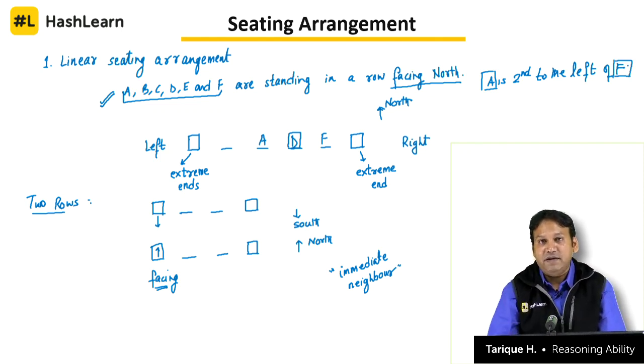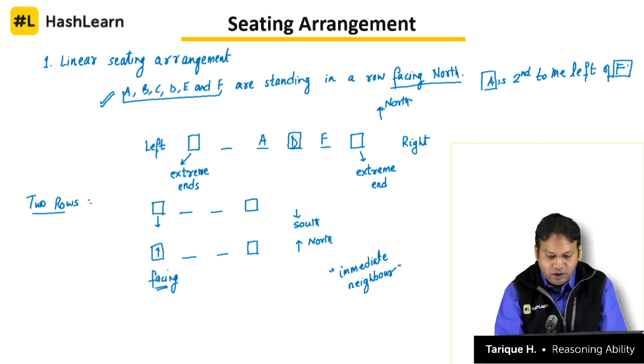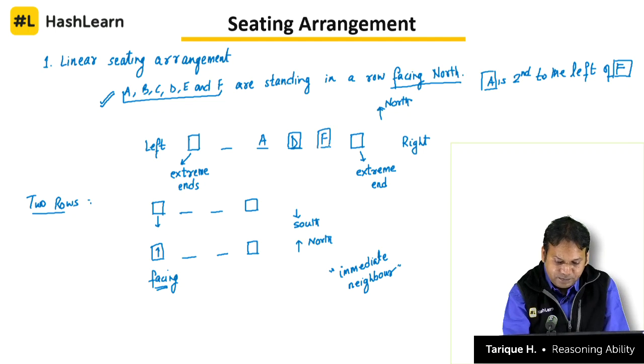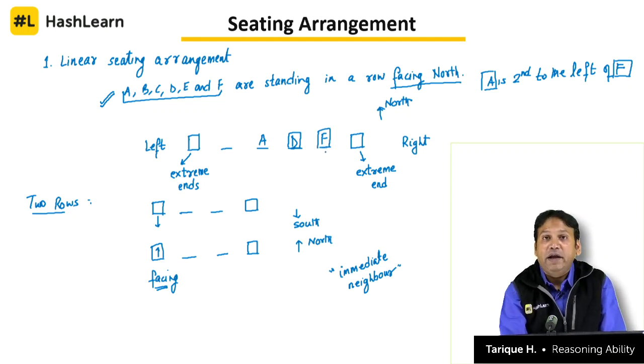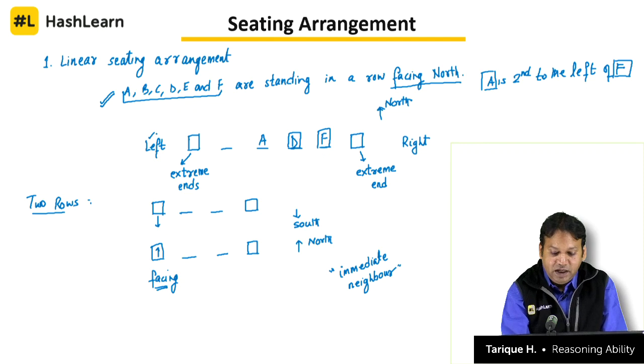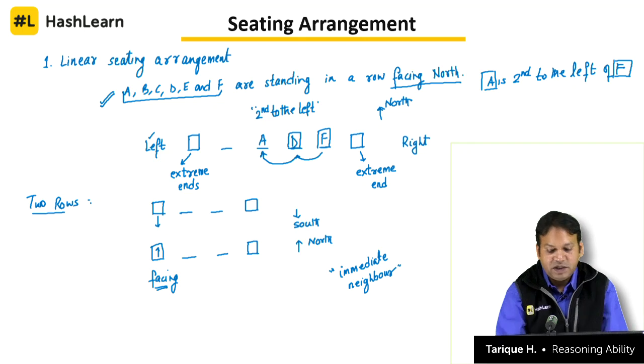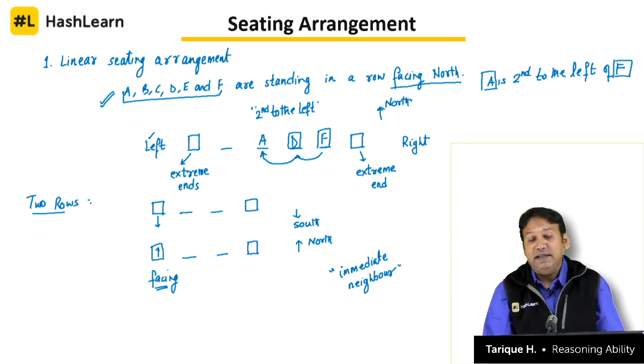It's not that F is sitting to the second right of A, it's A who is to the second left of F. As you can see very clearly here, F is here, and when we go from F towards the left, this is first to the left and this is second to the left. So these are the phrases that you will come across. I am just trying to make you comfortable with the phrases so that you have no difficulty understanding words like second to the left or third to the right.